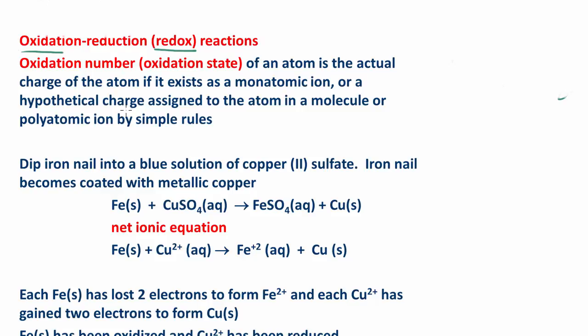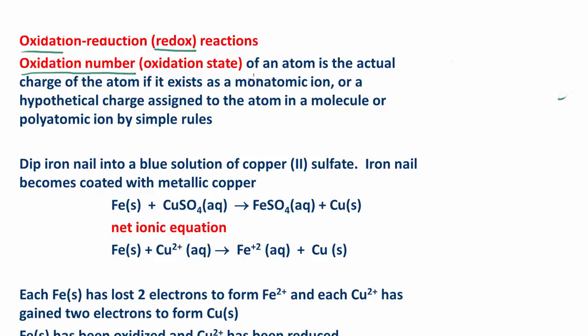So let's go ahead and define a few terms here, and then we'll get right into how to recognize an oxidation reduction reaction. We refer to oxidation numbers when trying to determine which of the substances in the reaction is oxidized or reduced.